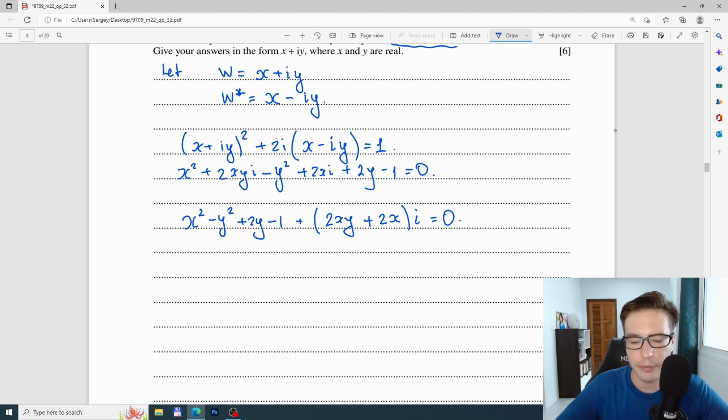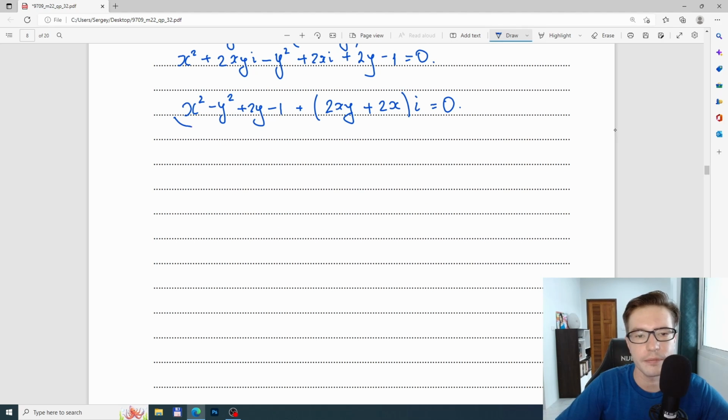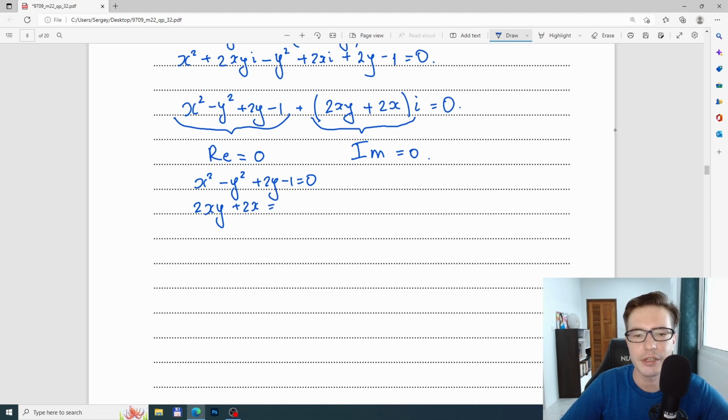And that equals to 0. Because we have a real part, and we got an imaginary part, and a number equals to 0, that can happen only if the real part equals to 0 and imaginary part equals to 0. So this equation splits into two simultaneous equations, x squared minus y squared plus 2y minus 1 equals to 0, and 2xy plus 2x equals to 0.